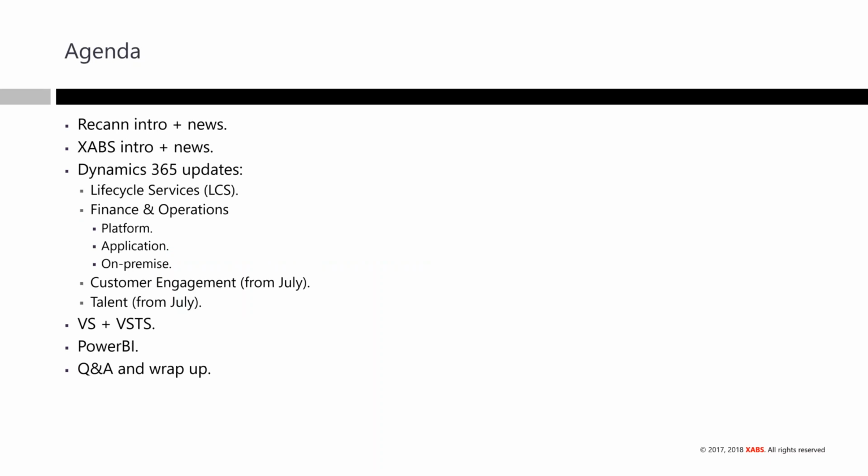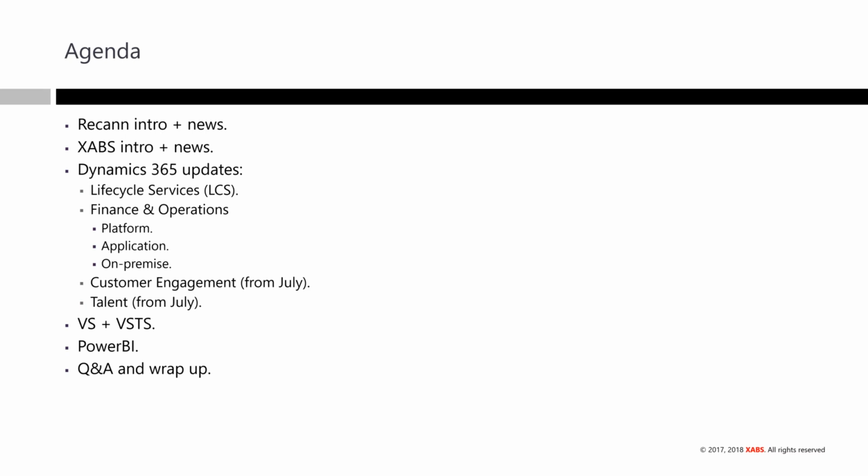The agenda, this is normally what we do. Recan will tell us a little about themselves, and I will for SABS. We've changed it a little bit in that now we're putting all the Dynamics 365 content in one block. This is just organizational, because it was all jumbled together before.